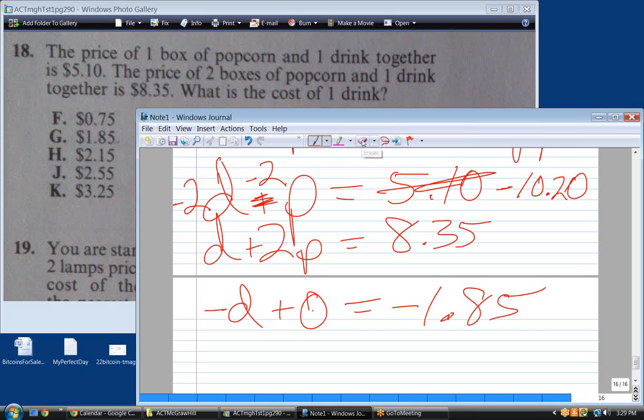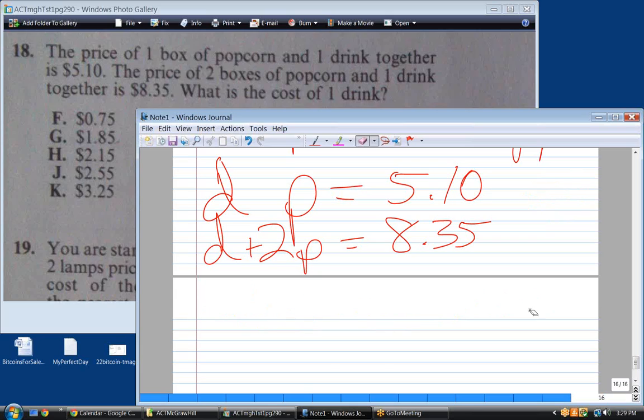Okay? Let's just talk about a couple of ways to solve this problem. When I got it to here, you can both add or subtract equations. You don't always have to add them.